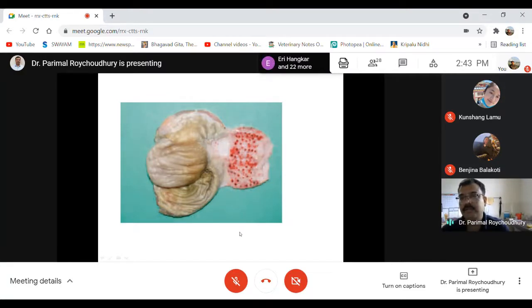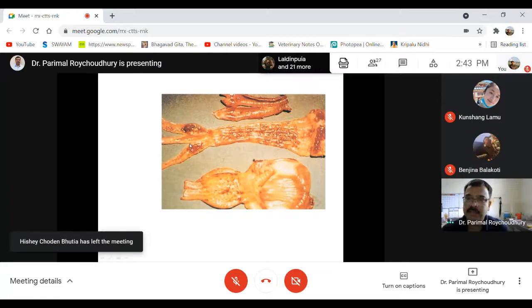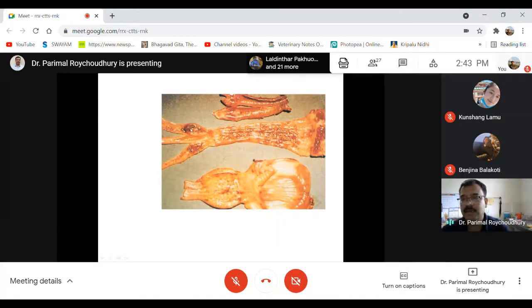Always when we suspect, we cut open and see the proventriculus. But along the proventriculus, even along the entire length of the intestines, we can see some diphtheritic plaques or membranes, and at the cecal tonsil. This is the junction from where both the ceca arise. At this point, containing the cecal tonsils, we can see the hemorrhagic lesions, which is diagnostically important.